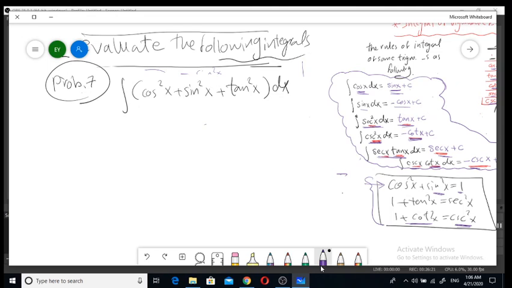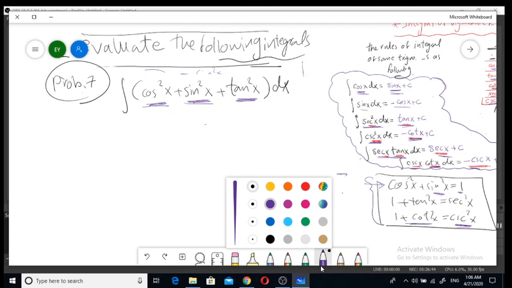So we are going to distribute: integral of cosine squared x plus integral of sine squared x plus integral of tan squared x. But here we have a problem, because we don't have the integral of cosine squared or sine squared, even for tan squared. So we have to solve by another technique.